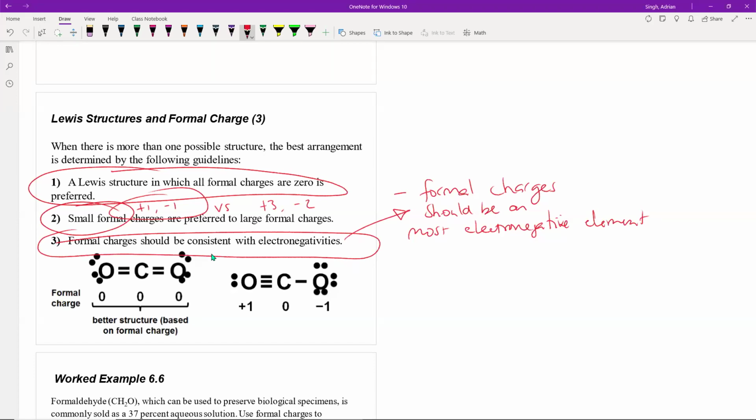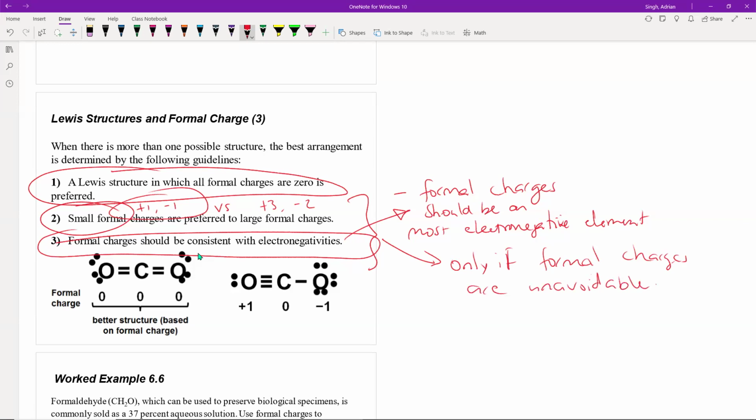And again, these last two criteria are only if there must be formal charges, so only if formal charges are unavoidable. You want to have small formal charges. We want the negative charges to be on the most electronegative elements.